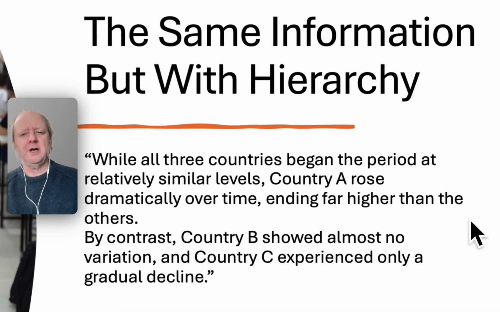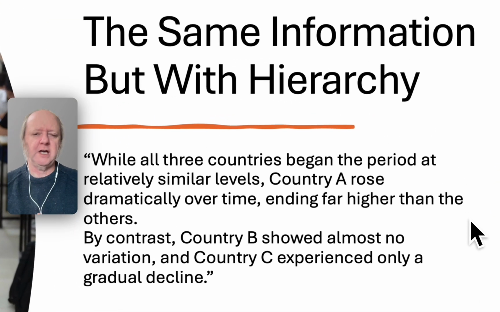While all three countries began the period at relatively similar levels, country A rose dramatically over time, ending far higher than the others. It rose dramatically, it's big. By contrast, country B showed almost no variation, and country C experienced only a gradual decline.